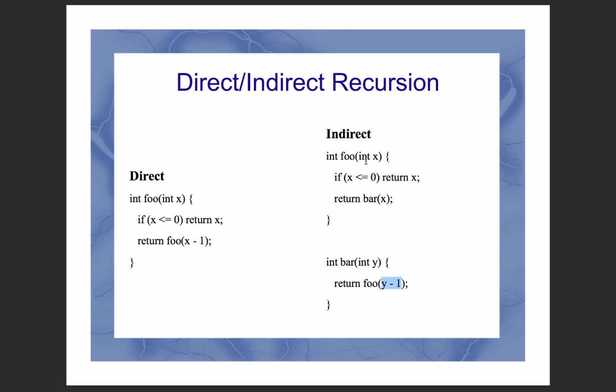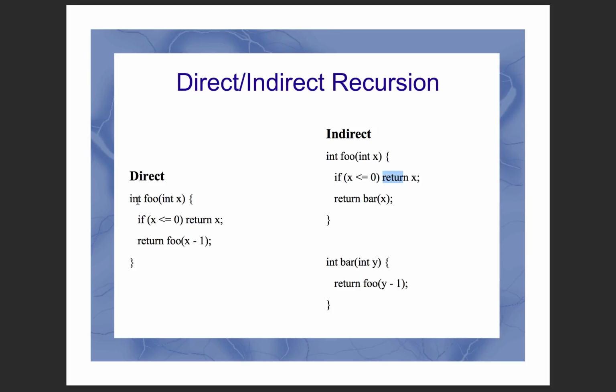So it was x, and x passing through bar is assigned to y, and then the process makes y smaller, and that smaller y is assigned to x. So every time in this recursive call, x becomes smaller and smaller. At the end, x will be 0 or less than or equal to 0. At that time, it terminates the process.